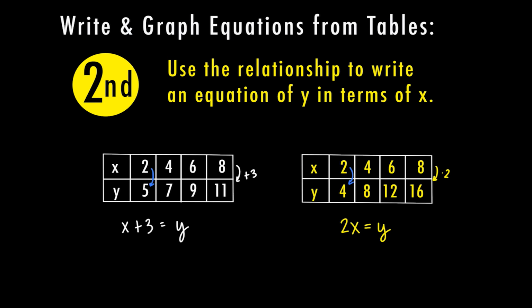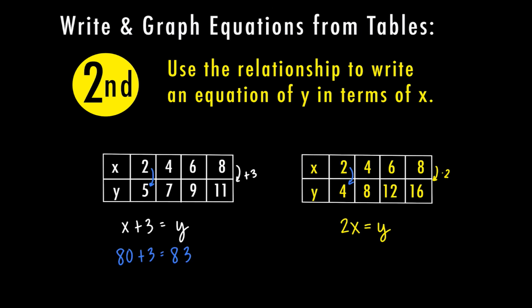Now these equations that go with these tables are helpful whenever you're trying to find maybe a really large number. So let's say they give me this table to start out with, but they want to know what y would equal if x equaled 80. So if x equaled 80 in this first one, I would plug in 80 for x, and I would know that y equals 83.